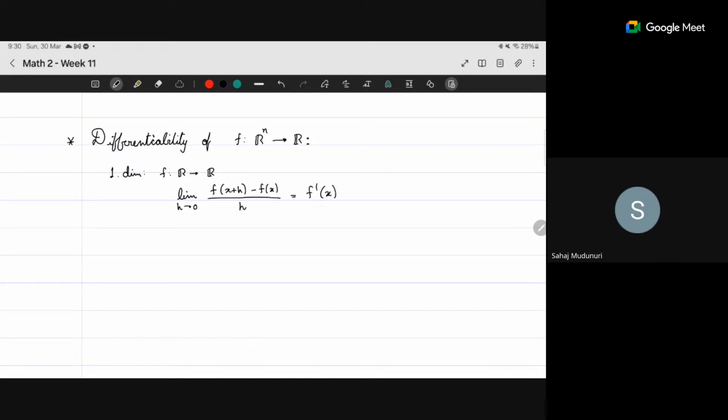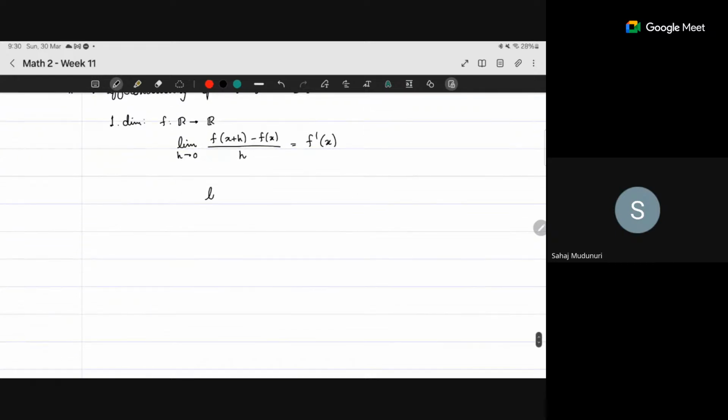Now, if I rearrange this, what do I get? I'm just rearranging this, taking it inside the limit and just writing this.